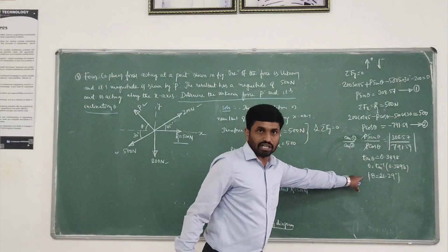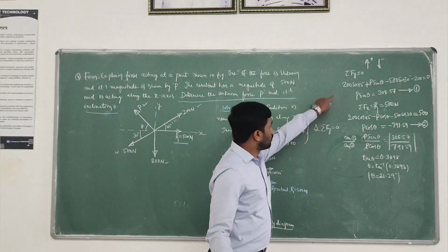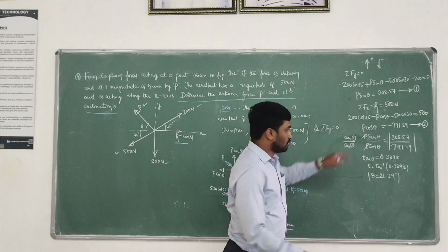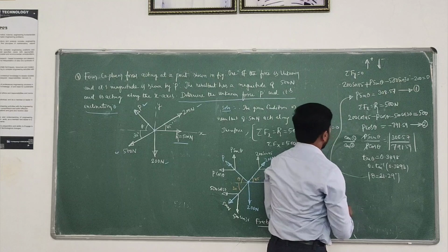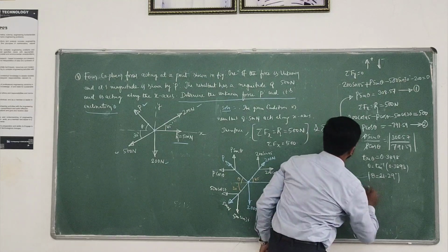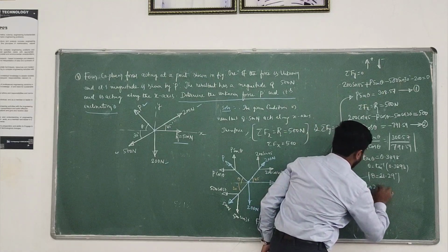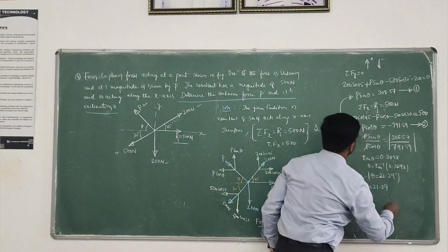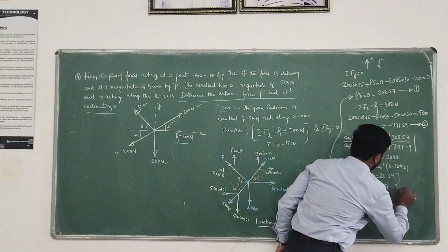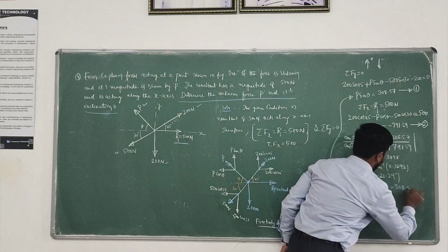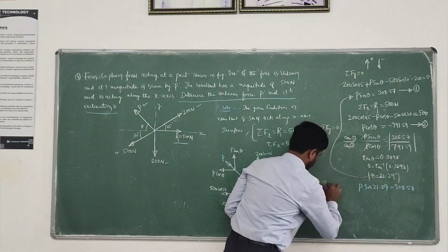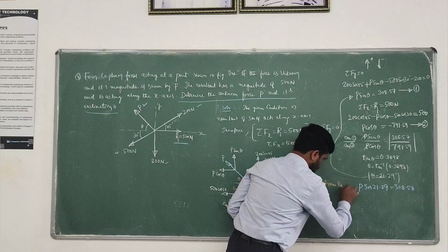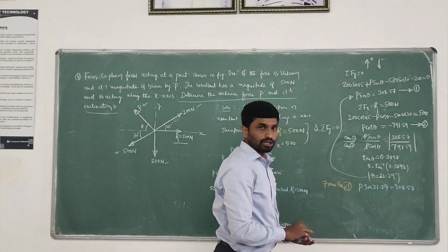Now substitute this theta value into equation 1, P sin theta. With theta equal to 21.29, P sin theta equals 308.57, from equation 1.